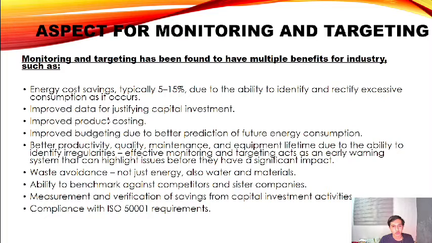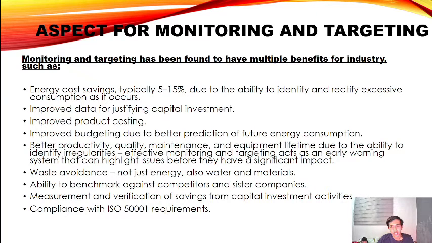Then, improved product costing. There is more about saving the consumption. Other than that, improved budgeting due to better prediction of future energy consumption. Then, better productivity, quality, maintenance, and equipment lifetime due to the ability to identify irregularities.